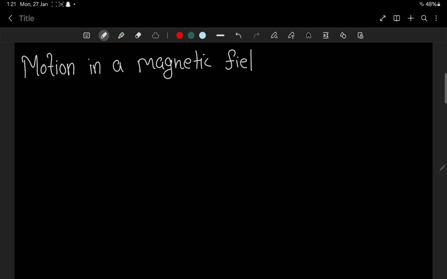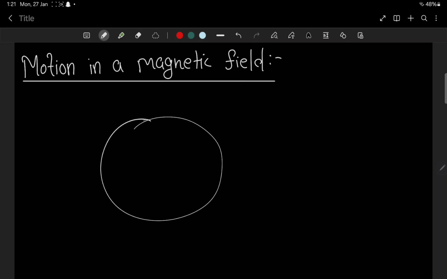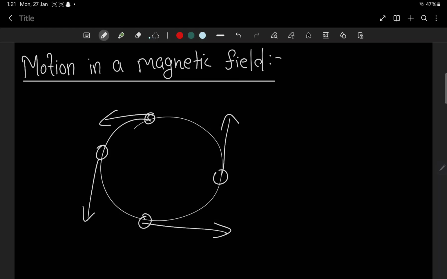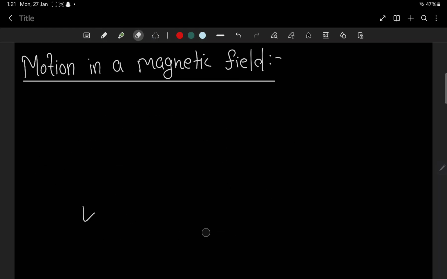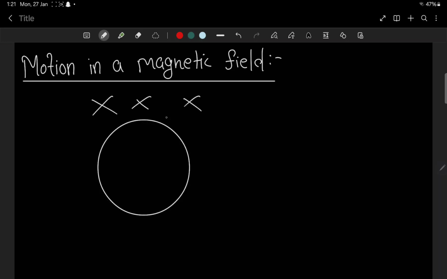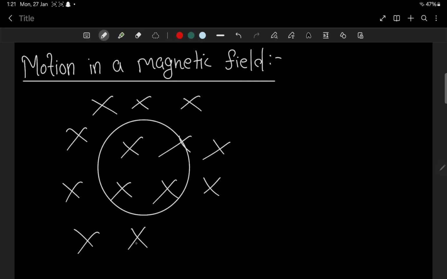Now motion in a magnetic field. You know that if there is only a magnetic field, a charge will undergo a circular path. So what is the radius of that circular path? A magnetic field is there, and the charge is moving with radius r.